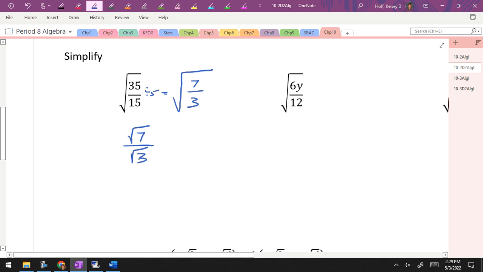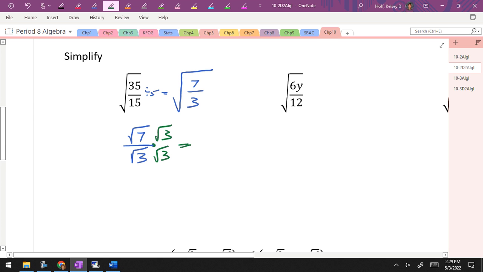Now here's the deal. You cannot have a square root in the denominator. Everything we've done thus far is correct. So the easiest way to get rid of that square root in the denominator is to multiply it to the top and bottom. So I'm going to multiply by the square root of 3 to the top and the bottom.